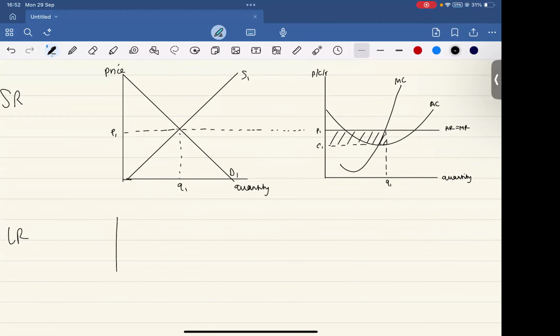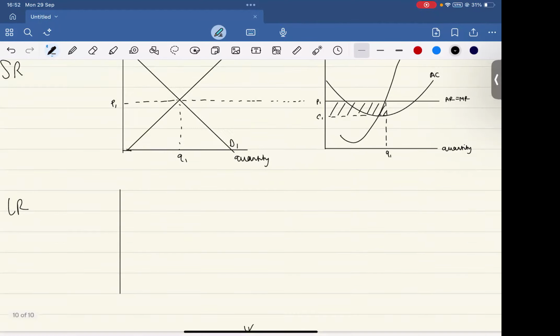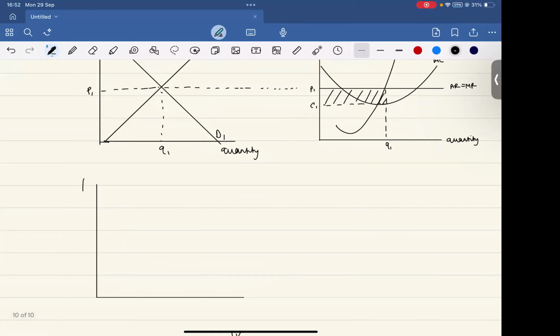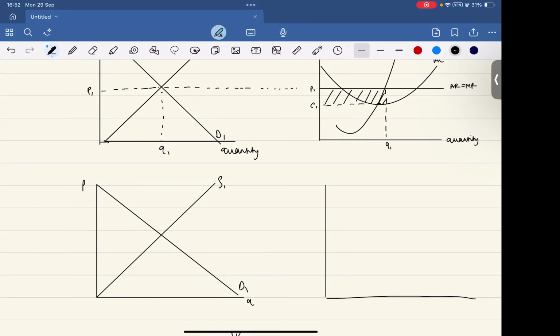So if we start off with price, quantity, upward sloping supply, downward sloping demand, and I'm just going to copy the same one more time. So we would have been here.